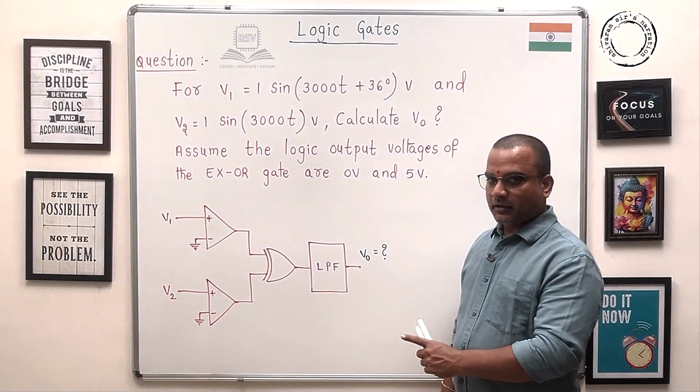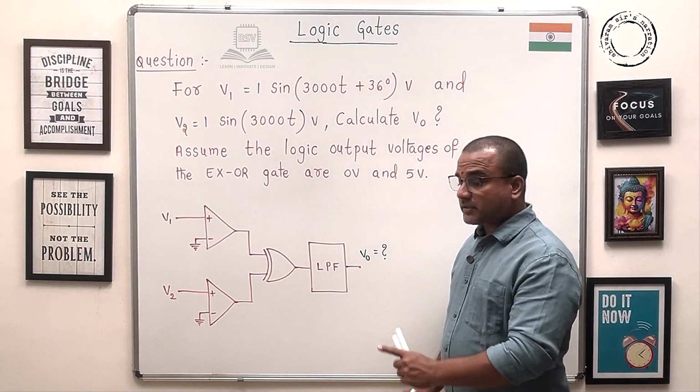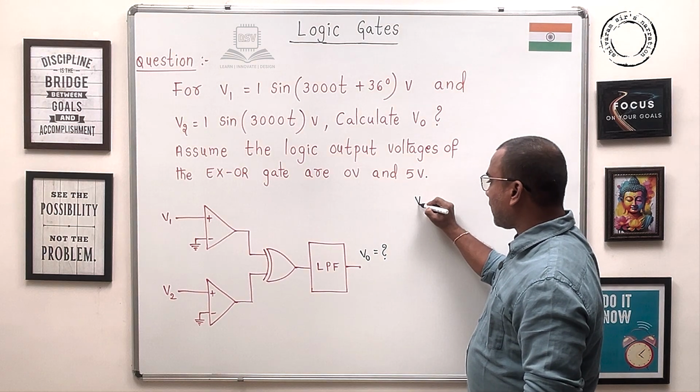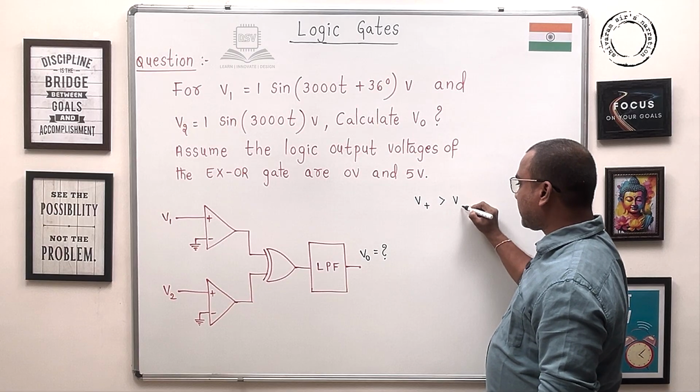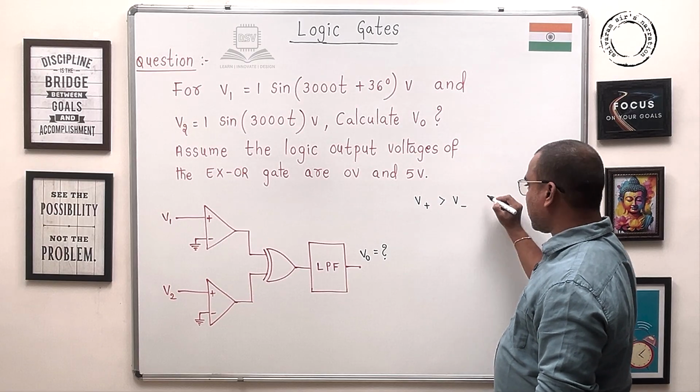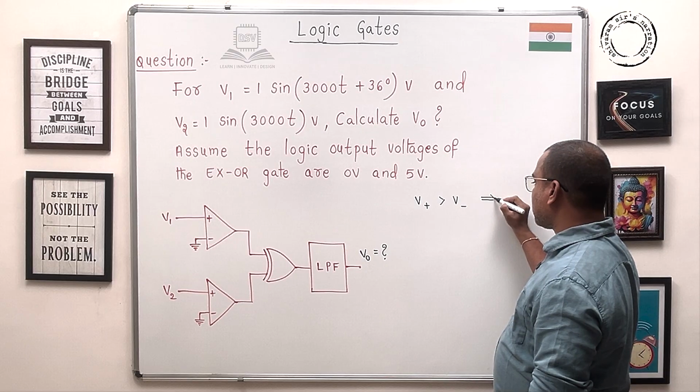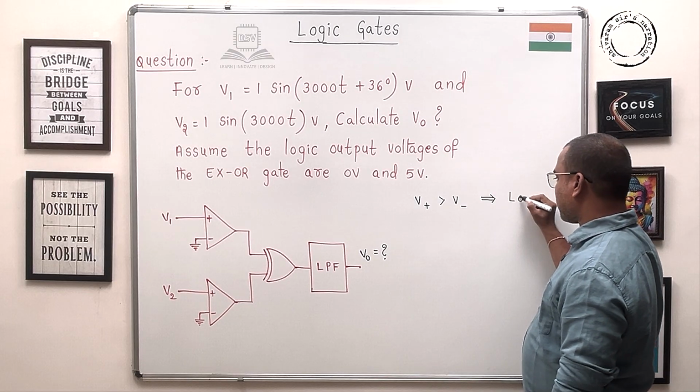It's a comparator and it works like this: whenever the non-inverting terminal voltage is greater than the inverting terminal voltage, it produces logic 1.